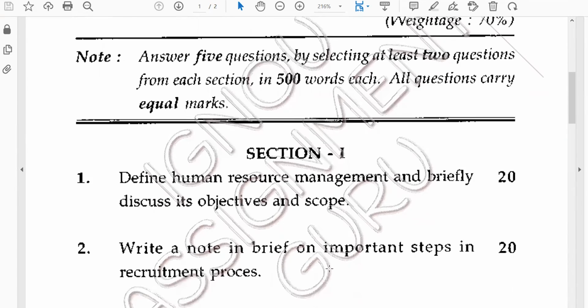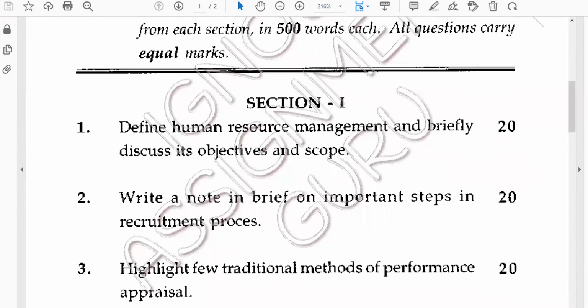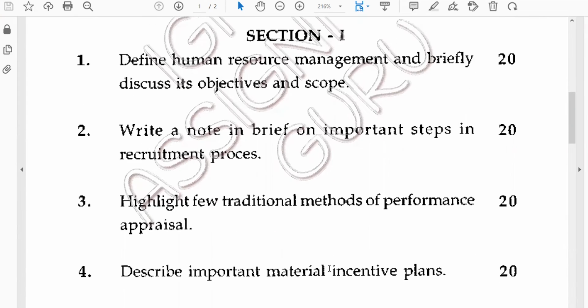Write a note in brief on important steps in the recruitment process is the second question. The third question is: highlight a few traditional methods of performance appraisal. The fourth question is: describe important material incentive plans.